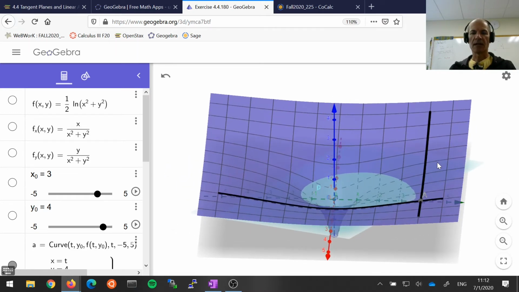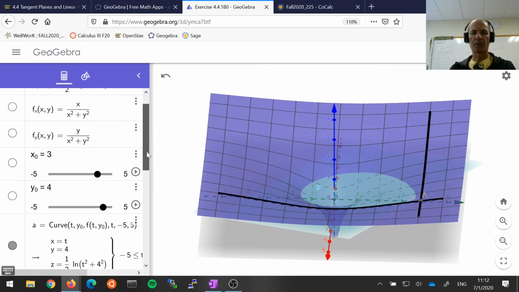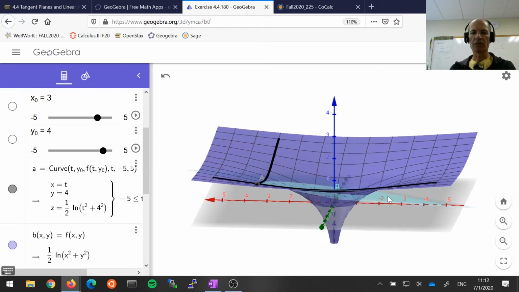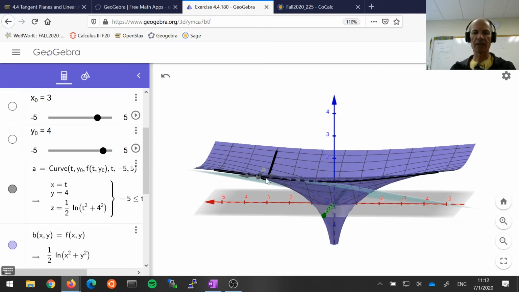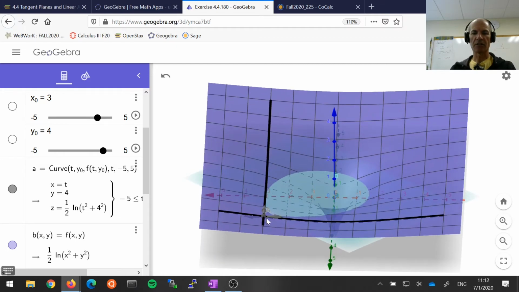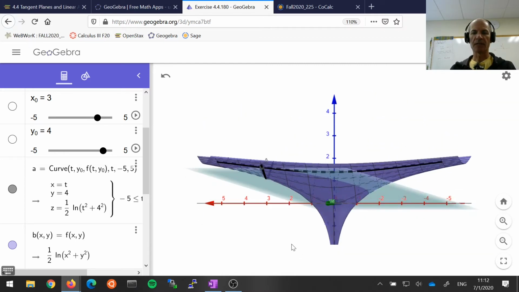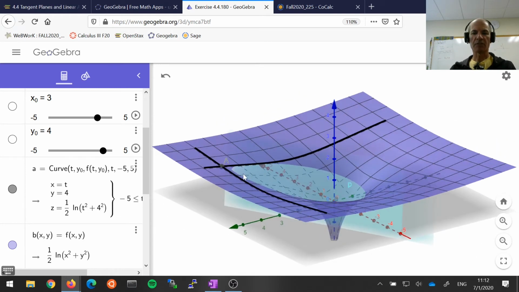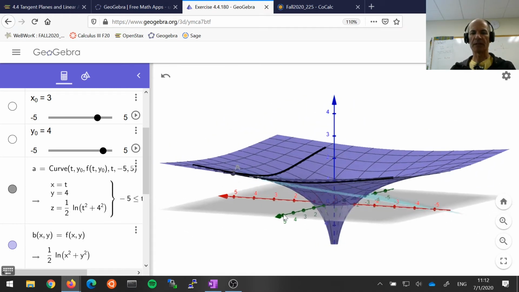So if you look at the point A here, you can see that it sits on the surface. Furthermore, you can see that the trace in the x direction passes through this point A, and the trace in the y direction passes through this point A. And if you look closely at this, you can see the tangent vector in the x direction is parallel to the tangent plane. And the tangent vector in the y direction is also parallel to the tangent plane.